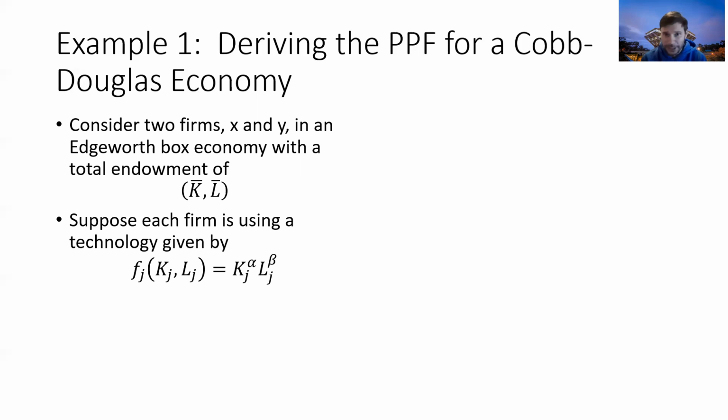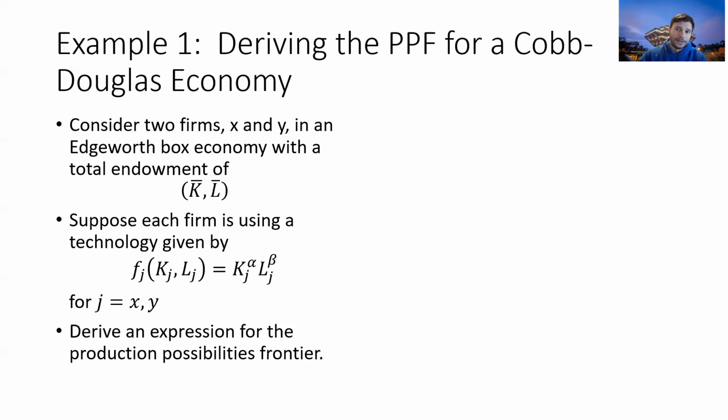I'm not going to plug in constants for alpha or beta yet. We'll be able to think about the role that those things have on the production possibilities frontier once we derive it. So this is going to be a little algebraically involved for the moment. Notice the index J here is referring to which producer we're dealing with, the producer for good X or the producer for good Y. And our goal here is to derive an expression for the production possibilities frontier.